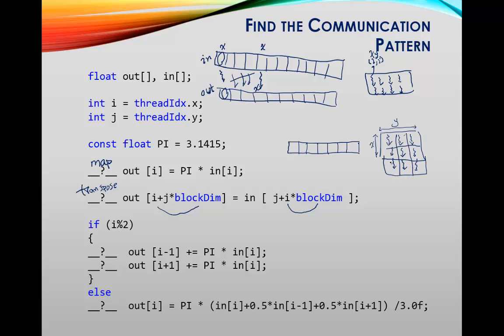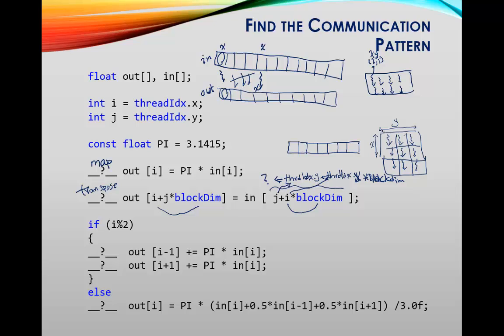So our block dimension here is going to be 3. So what I'm going to do is create an index here. That's going to be my threadIdx.y, right? So that's my j, and then take my threadIdx.x and multiply it by my block dimension, and then create a number here.